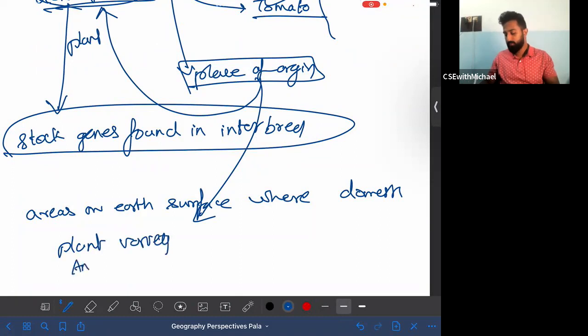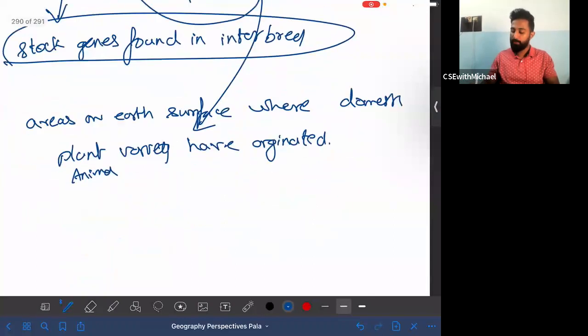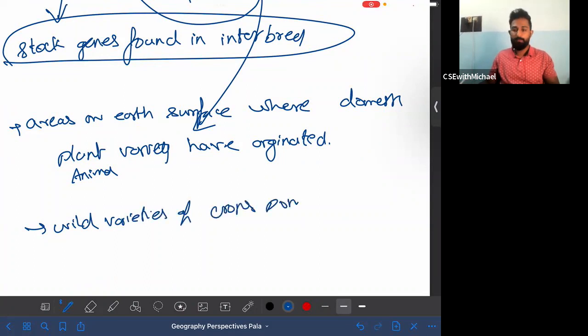Plants and animals often, but mostly plant varieties. In a way, you can say that these are the zones where the wild varieties of domesticated crops are found. Get me? So these are the zones from which these crops have been brought about.